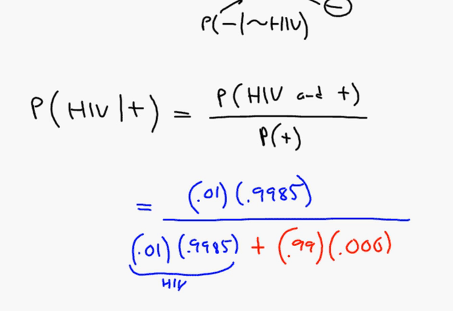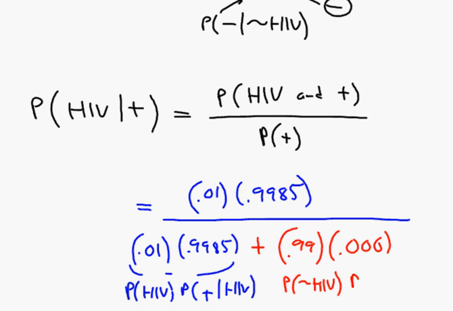We can write it this way. It's the probability of having HIV times the probability of testing positive given we had HIV. And then this probability over here is the probability of not having HIV times the probability of testing positive given the person does not have HIV.